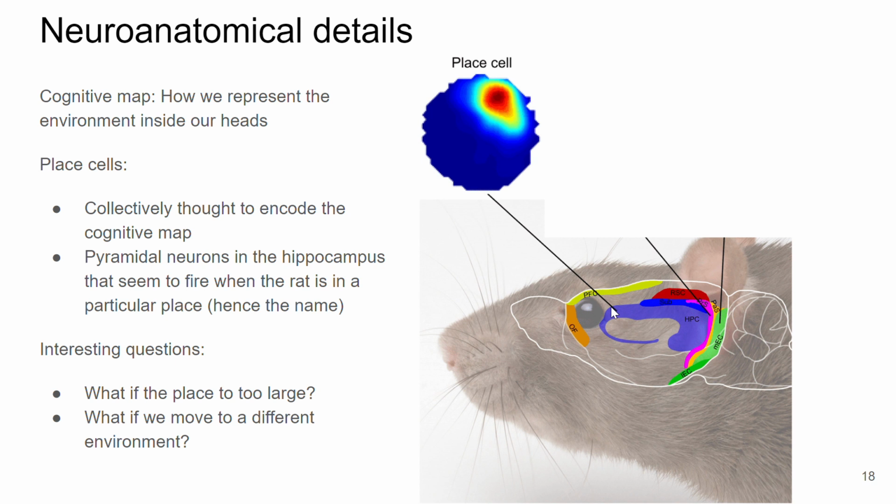Maybe I'm using jargon that I shouldn't, but the idea is that this place cell fires whenever your rat is in a specific place in the environment. So people thought, okay, one place cell is firing each time I'm here. Another place cell is firing each time I'm here. Maybe it is encoding the spatial location of the animal.